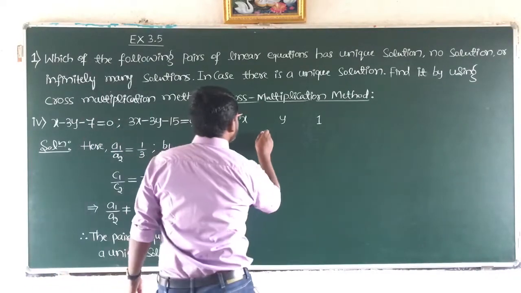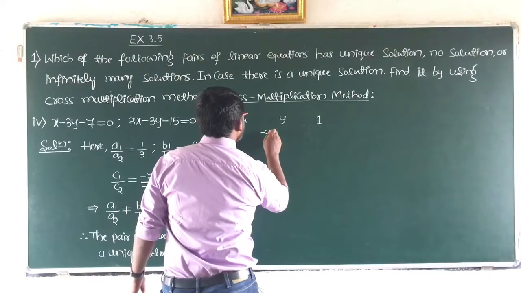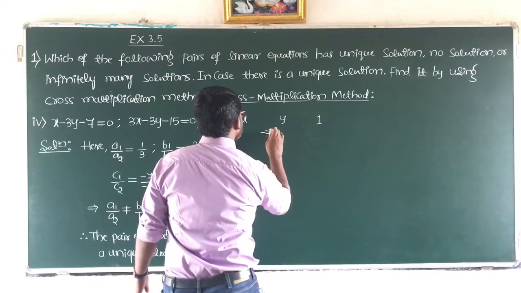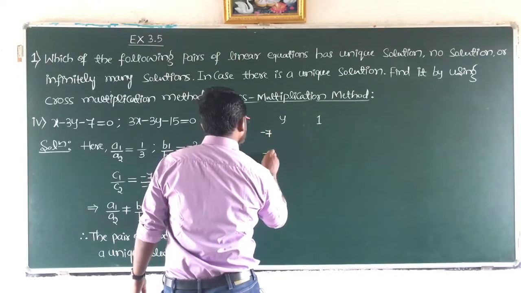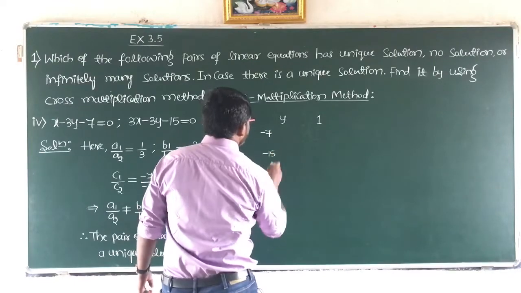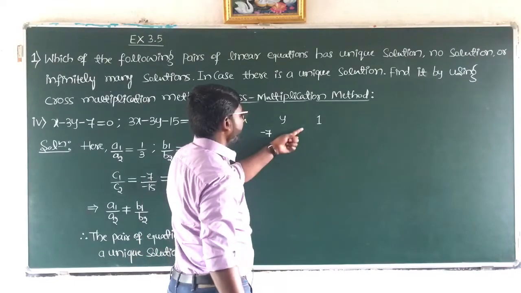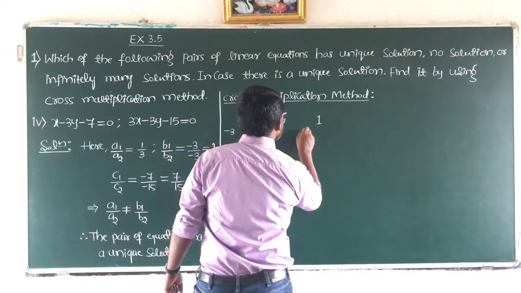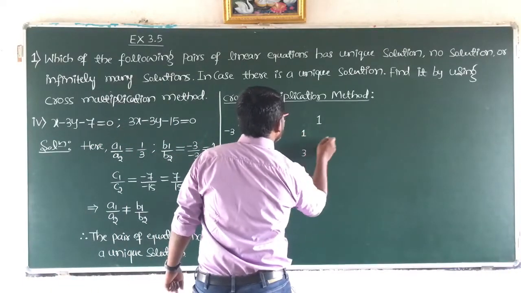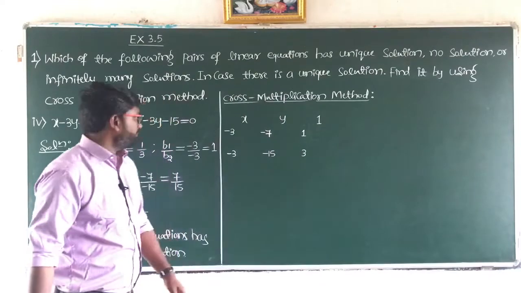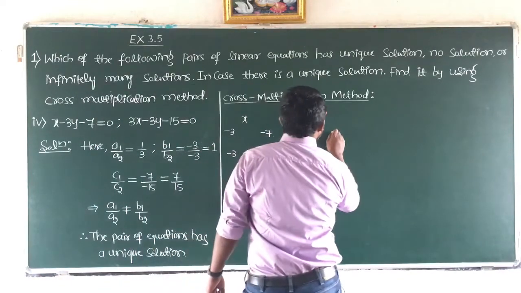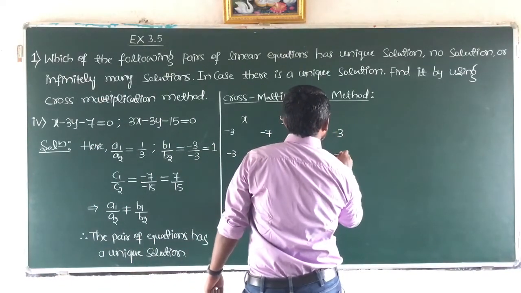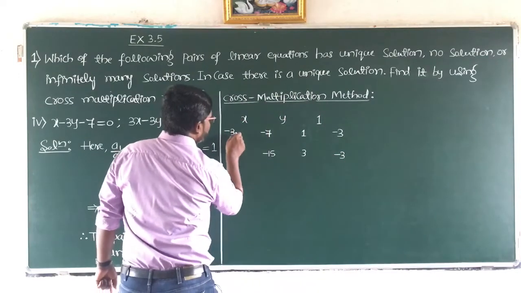C1 is minus 7, then C2 is minus 15. Then here we will have to write A1, A2. So A1 is 1, A2 is 3. At the end again we have to write B1, B2, that is minus 3, minus 3.